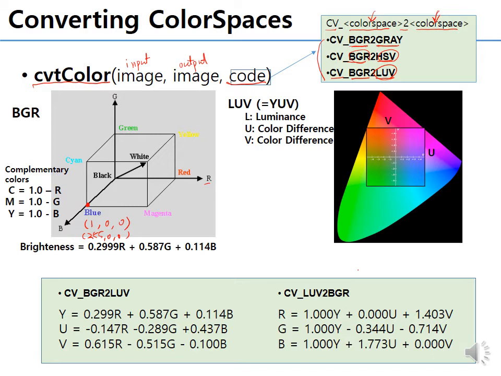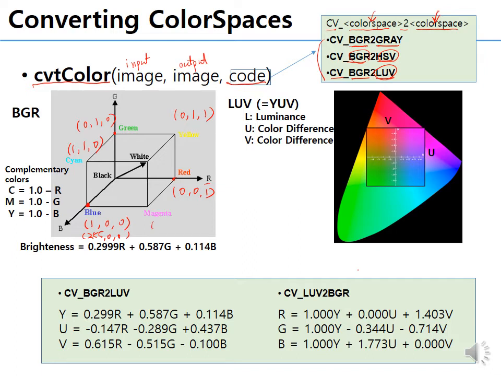This is blue, red, the green. Okay, so yellow is blue, green, and red. This is yellow, and the cyan is blue and green.